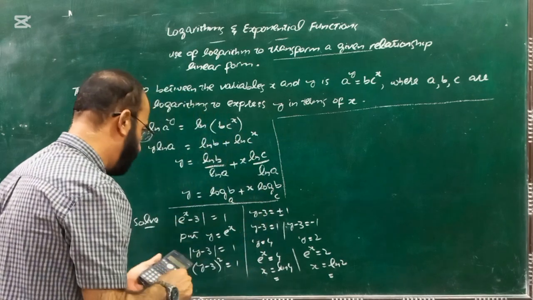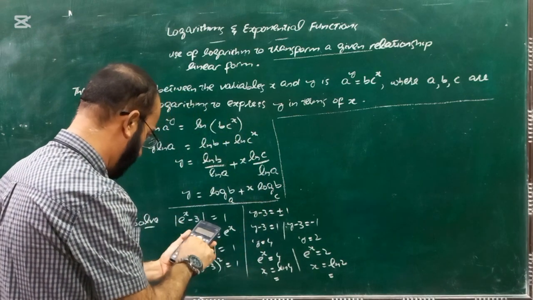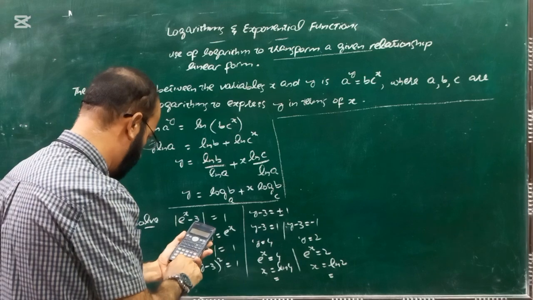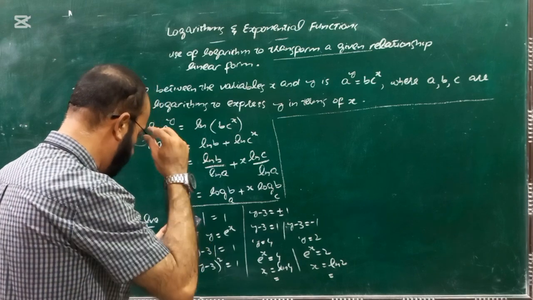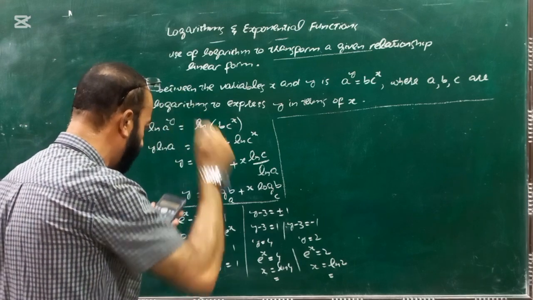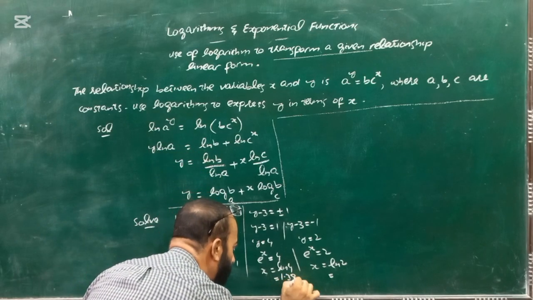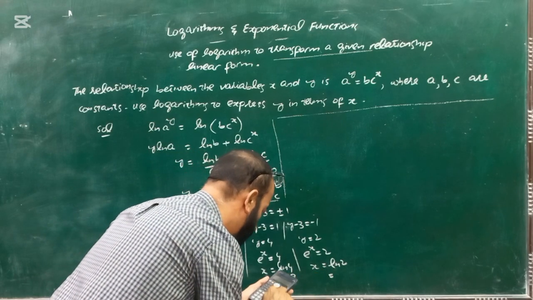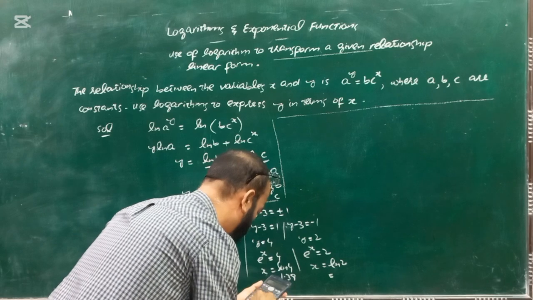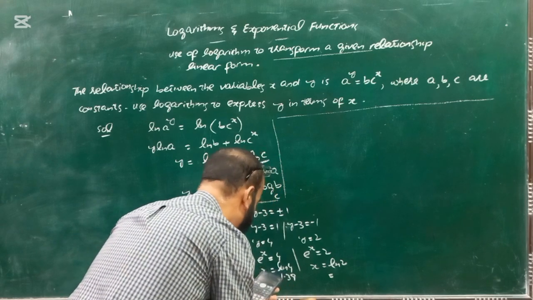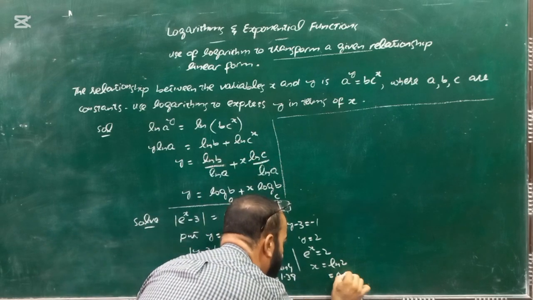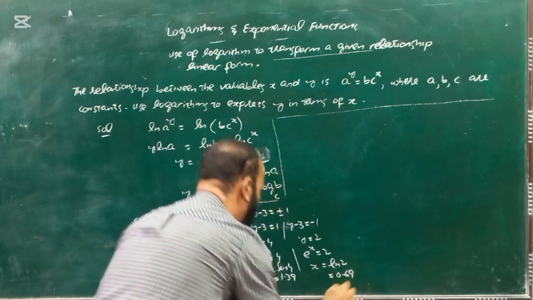Natural log of 4 is equal to 1.39. So this is the first answer, and here natural log of 2 is equal to 0.69. So these are the answers.